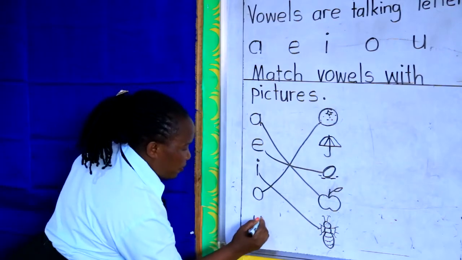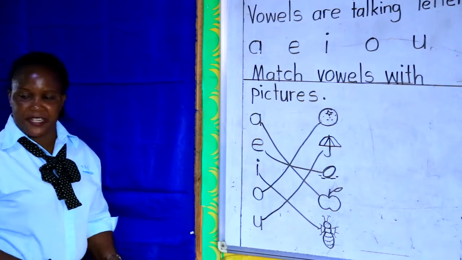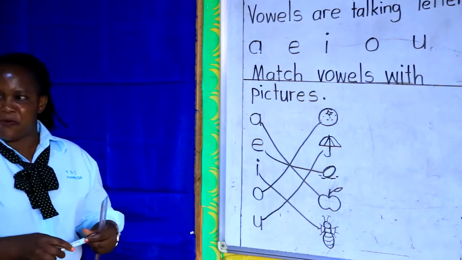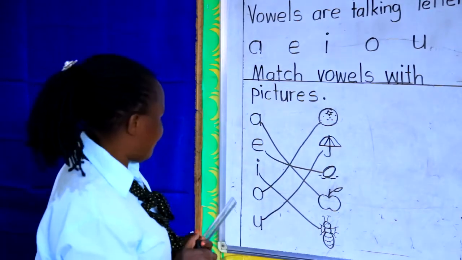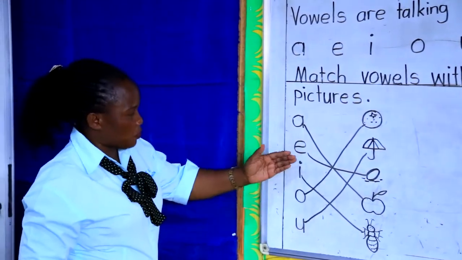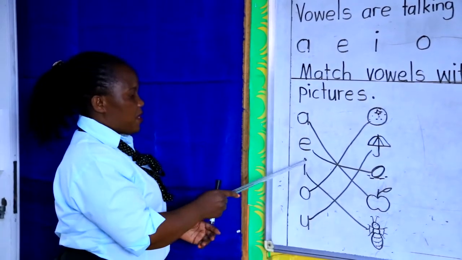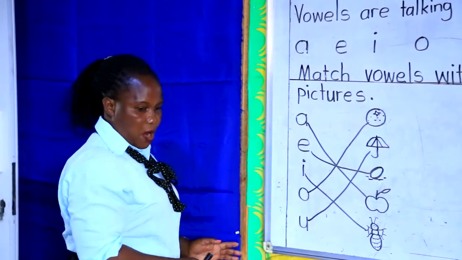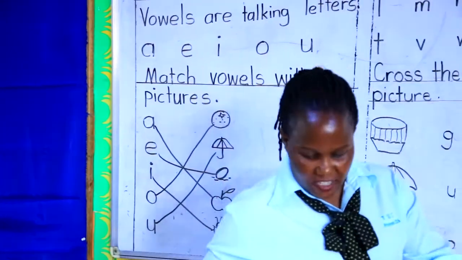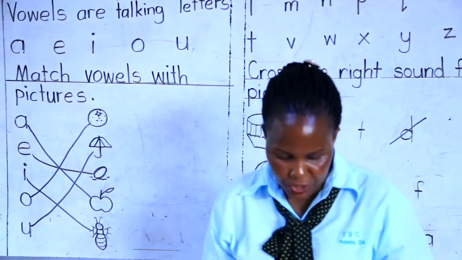The word umbrella starts with sound U. Have you seen it, class? Yeah. Clap for me, please. Nice of you. So this is how we are supposed to do this work. A, E, I, O, U. Wonderful. That is the topic for today's lesson.